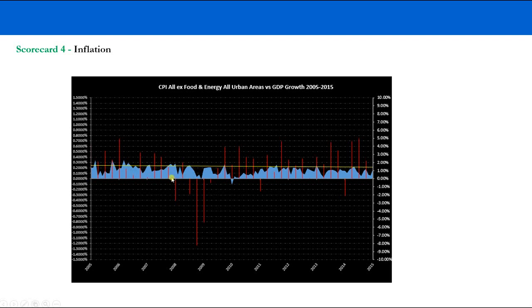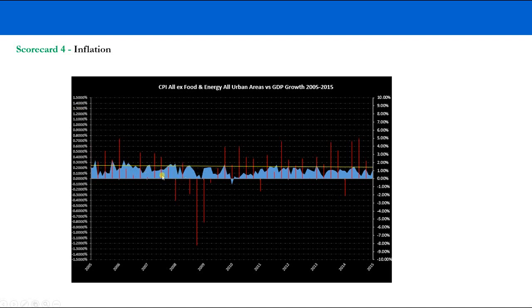So we can see, for example, in the financial crisis of 2007-8, that actually prices, ex food and energy, stayed very stable. So that gives us an idea overall when we're looking in terms of macroeconomics, when we're looking at CPI stats, ex food and energy versus including food and energy.